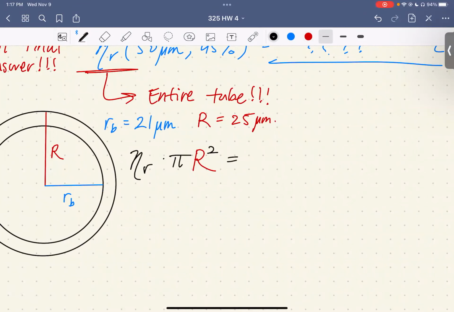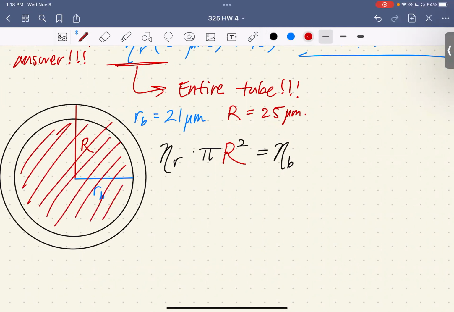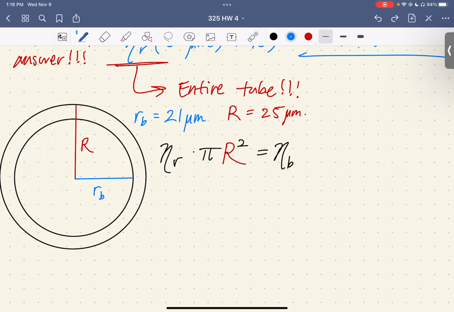And we know this will be equal to the viscosity of the, actually, let's do the blood first. Of the blood, the internal area, we're going to examine this section first. And then after that, we're going to do this section and add those two together to get that total viscosity times cross-sectional area. Essentially, that is what we're doing.